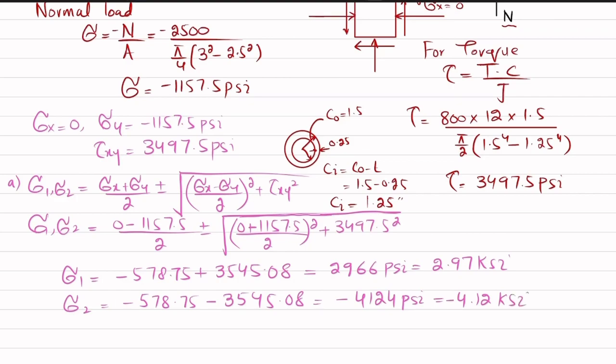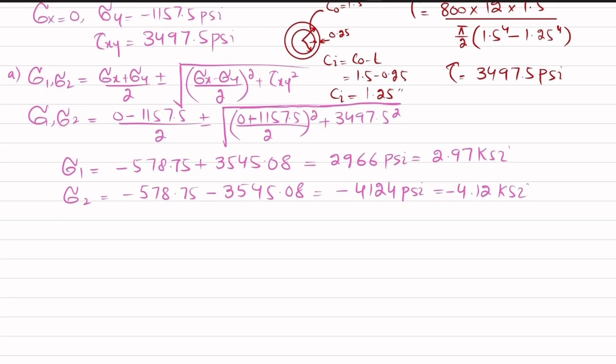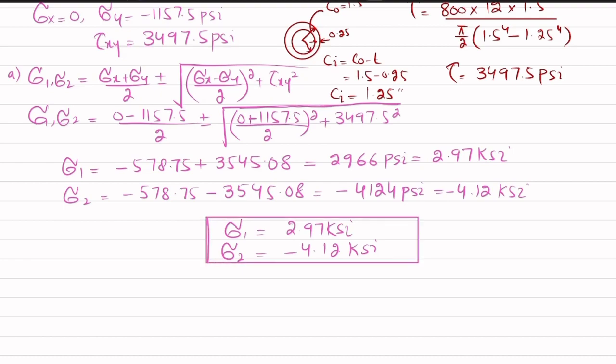So these are the principal stresses. Sigma 1 is 2.97 KSI and sigma 2 is equal to minus 4.12 KSI. These are the maximum stresses that will act on this element, and that is the answer of our first part.